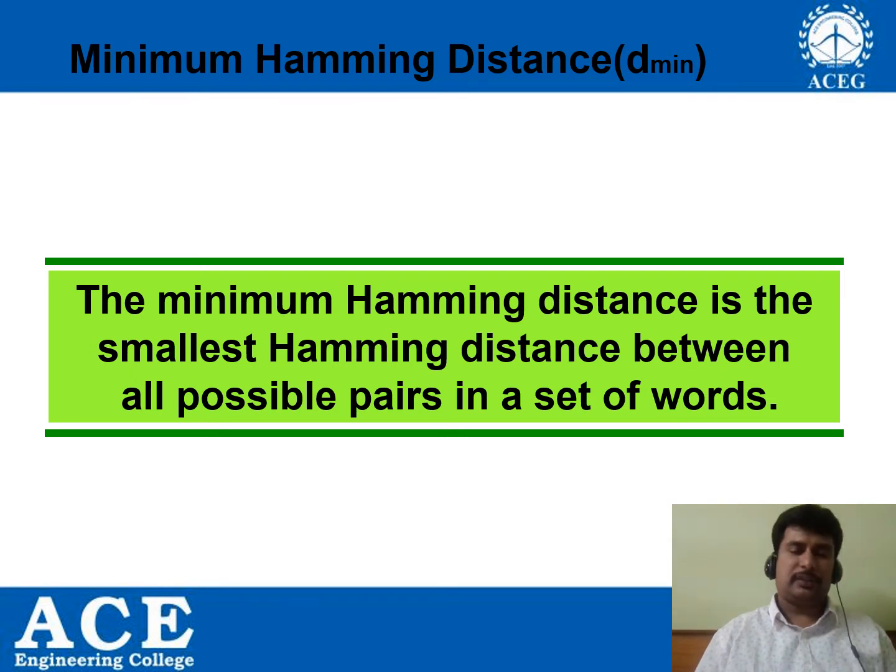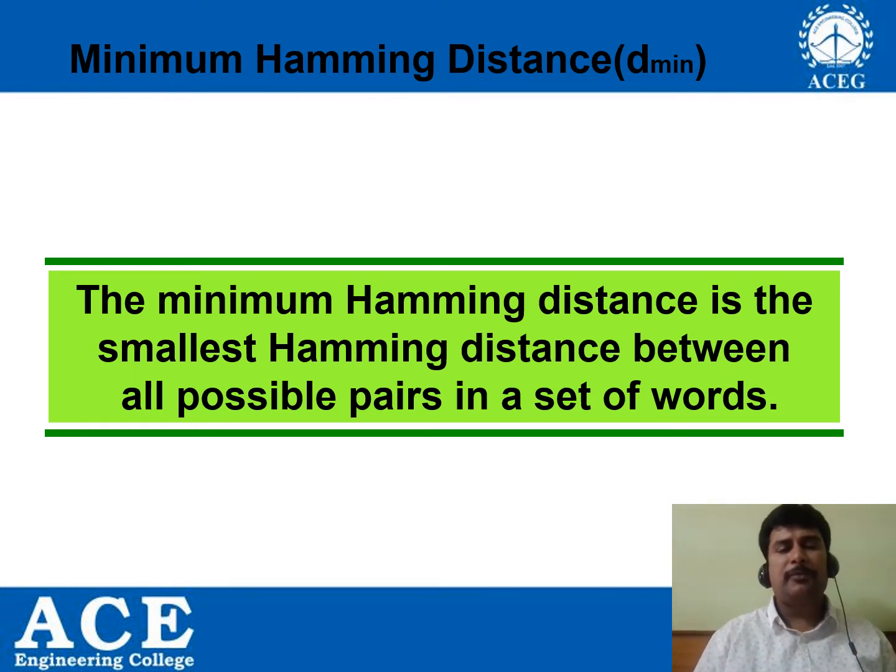Minimum Hamming distance. So far we were talking about identifying the Hamming distance between two data words or two code words. But suppose I have different sets: code word 1, code word 2, code word 3, code word 4, and I will have a different Hamming distance between C1 and C2, between C2 and C3, C3 and C4, C1 and C3, C1 and C4, and so on.